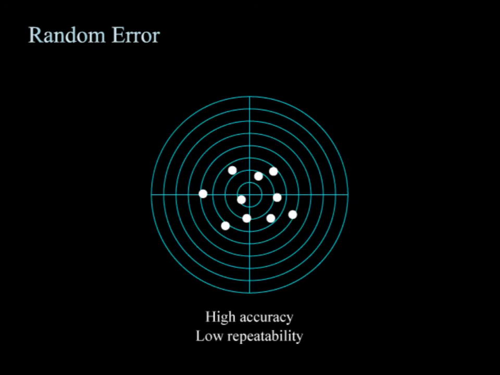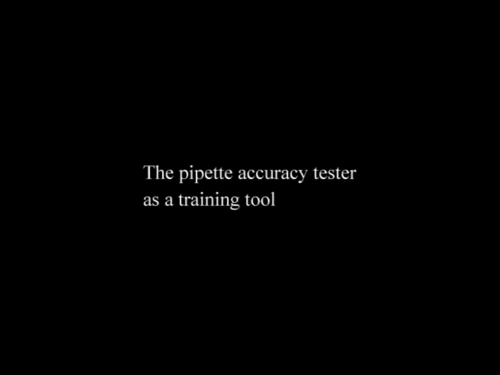The repeatability results indicate the random error of the pipette, which is the variation in repeated measurements. Apart from the performance of the pipette itself, these errors are greatly influenced by operator skill. Therefore, novice pipette users can also use the pipette accuracy tester as a training tool.